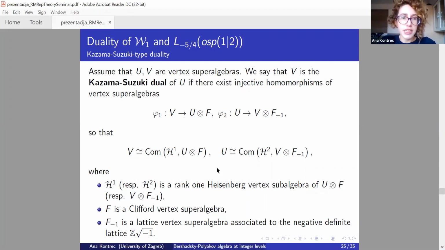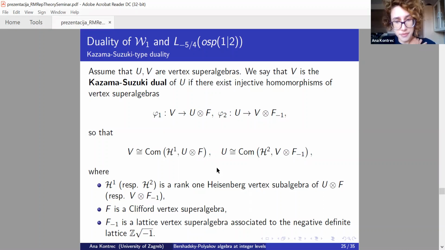So generally, if U and V are two vertex superalgebras, we say that V is the Kazama-Suzuki dual of U if we have two injective homomorphisms, so that phi1 goes from V to U tensor F, and phi2 goes from U to V tensor F minus 1.